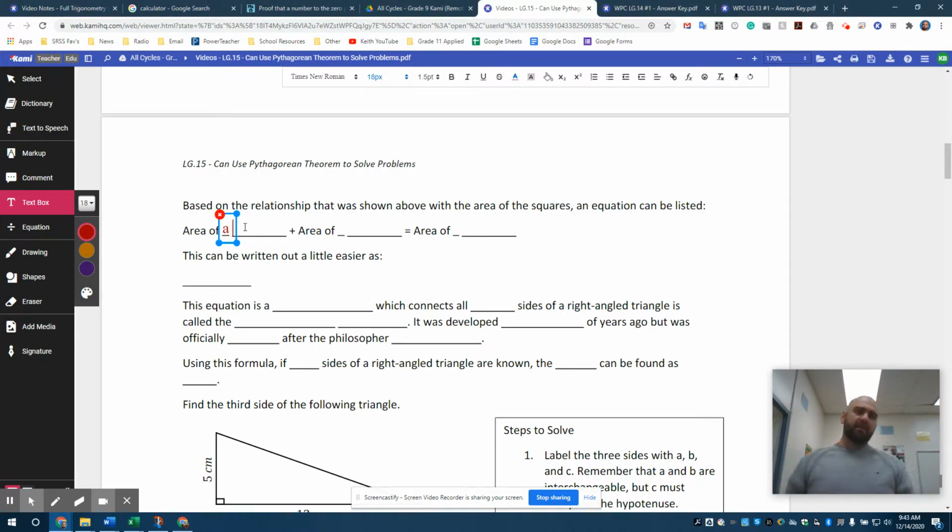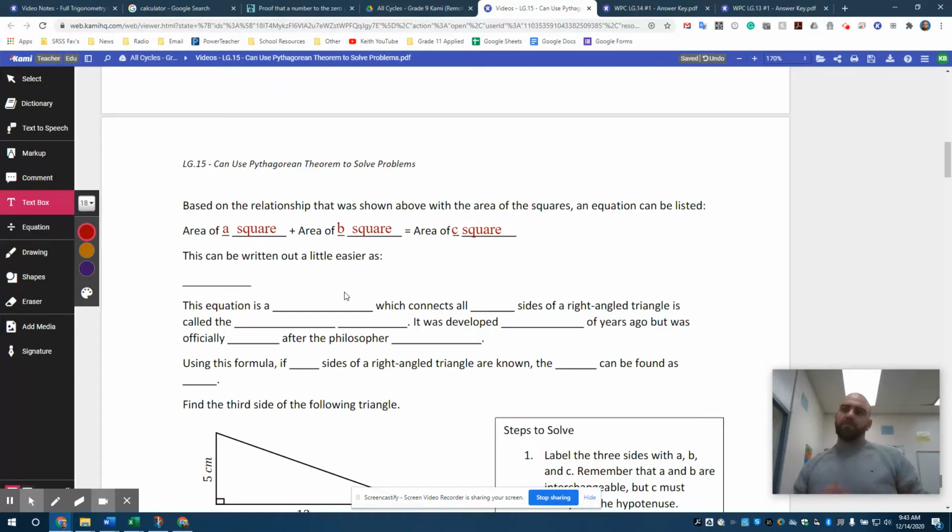So we can say that the area of the a square, plus the area of the b square, is equal to the area of the c square.